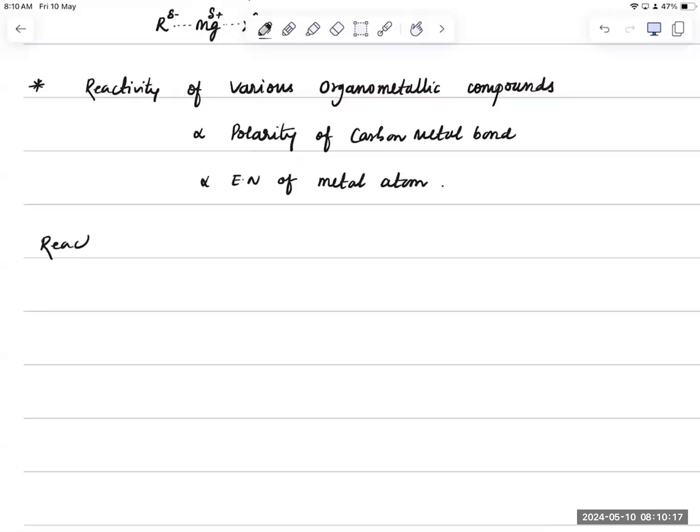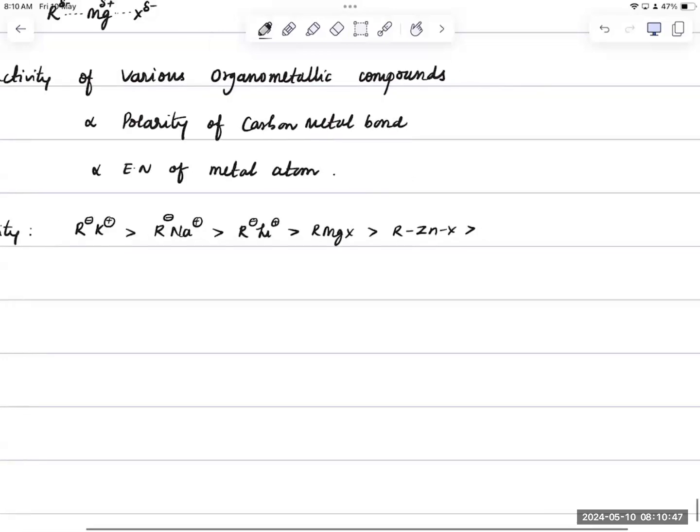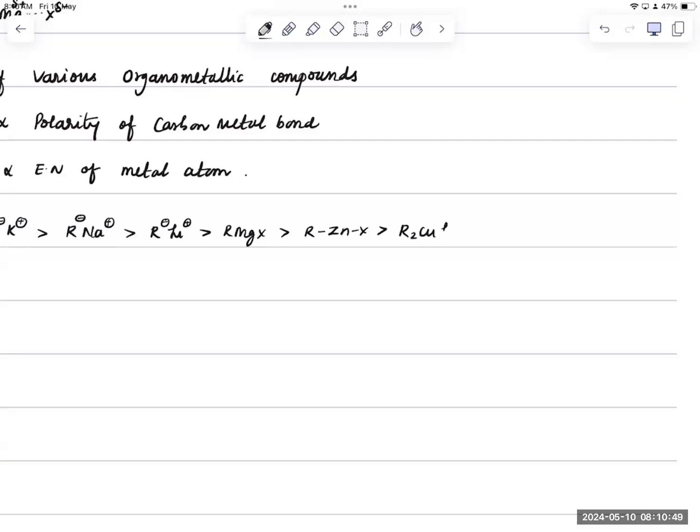So if you notice the reactivity order, R minus K plus will be much stronger in reactivity compared to R minus Na plus, and then we have R minus Li plus, then RMgX, then RZnX, then R2CuLi, which is called Gilman's reagent, and R2Cd.